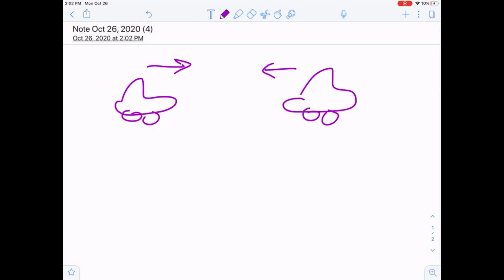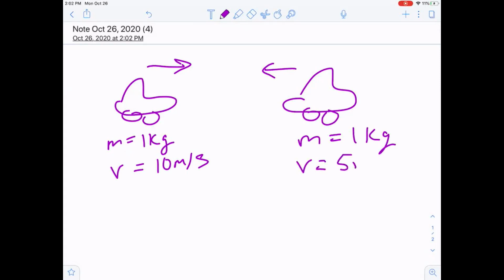Then when you added these up, just to make this easy, we'll say this has a mass of 1 kilogram and a velocity of 10 meters per second. And we'll say this has a mass of 1 kilogram and a velocity of 5 meters per second. Looking at this, which direction are we going to call positive? I usually say positive is right, but it doesn't matter as long as you're consistent, okay?